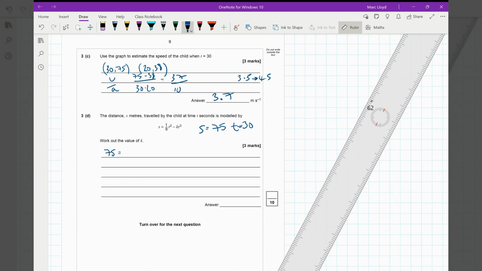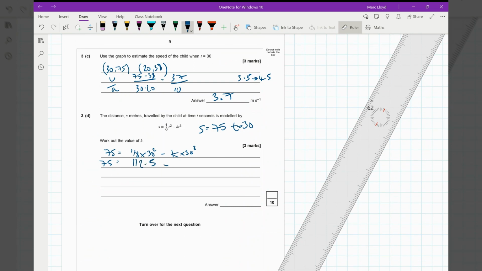So 75 equals an eighth times 30 squared, not to the power of 4, and then k times 30 cubed. So 75 equals 30 times 30, 900, divided by 8 is 112.5.